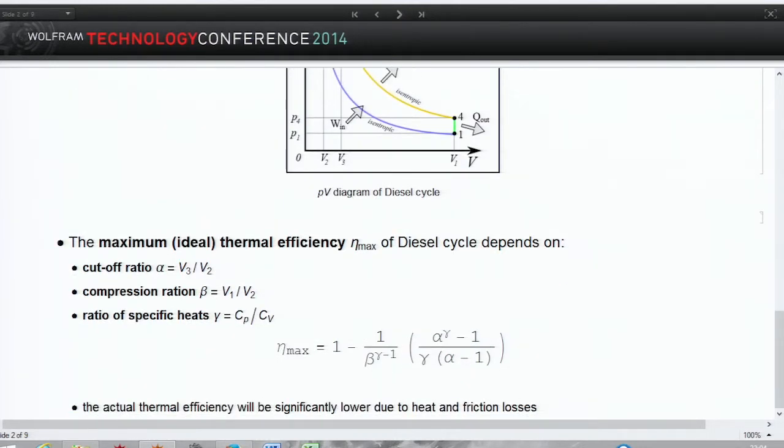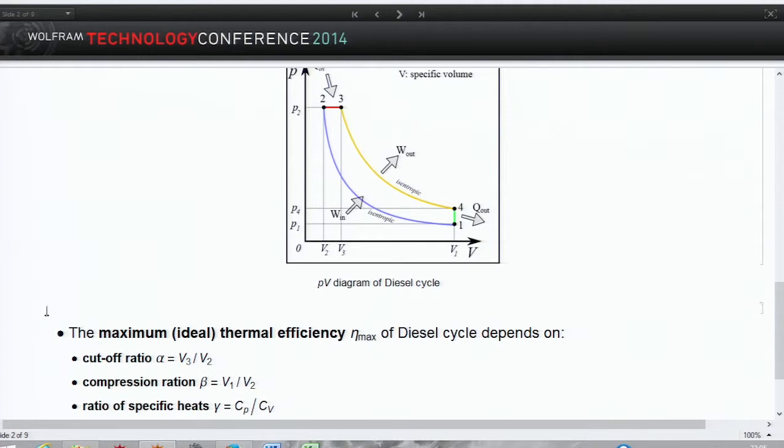There is another part, how to calculate the ideal thermal efficiency of the diesel cycle. It depends on many parameters. The first one is the cutoff ratio. It is a ratio of two volumes, volume number 3 and volume number 2. Next is the compression ratio.